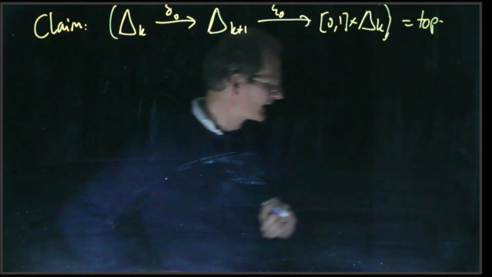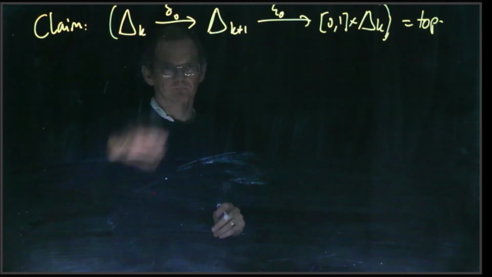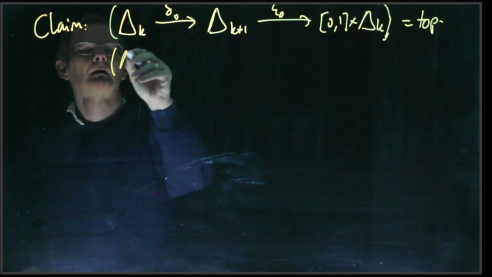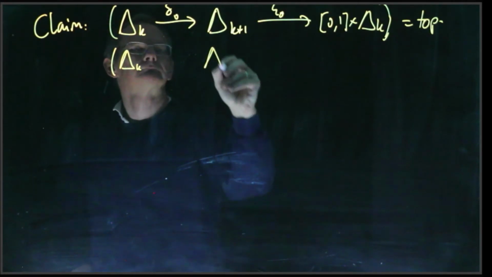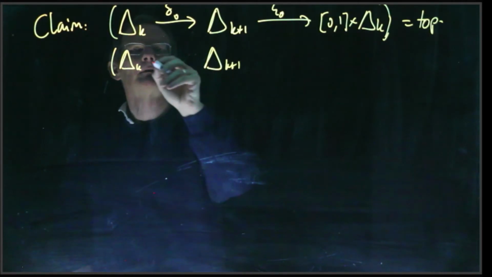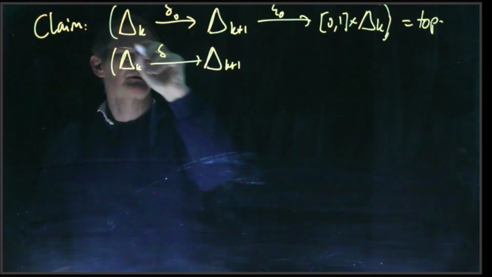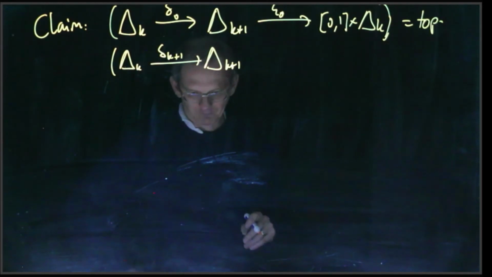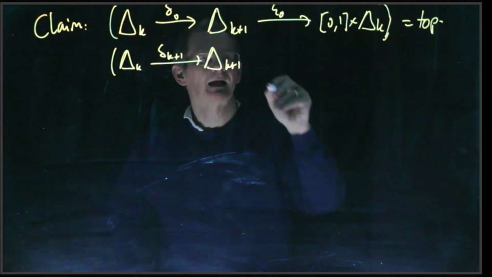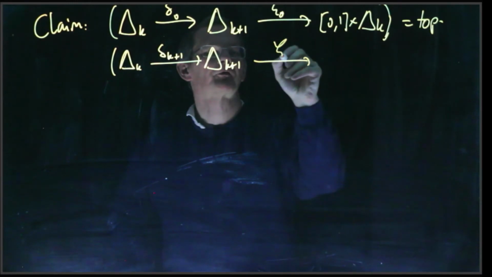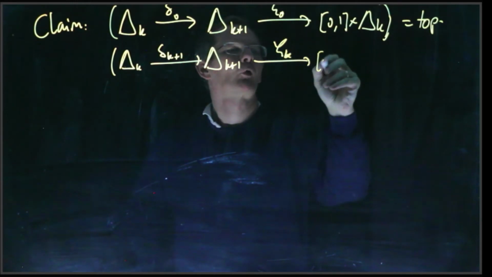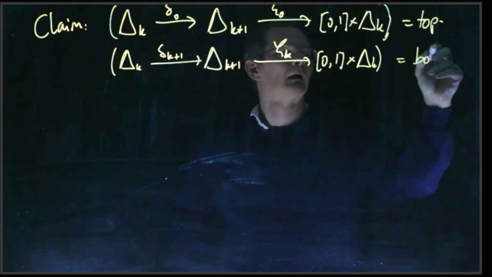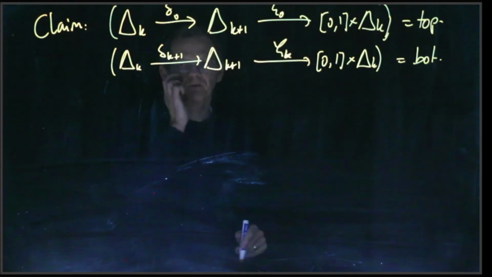I want to claim that that's just the top map, sending EP to 1 comma EP. The other one is the last face, the delta K plus 1 face, and then the last of the zetas. I'm going to claim that's the bottom.